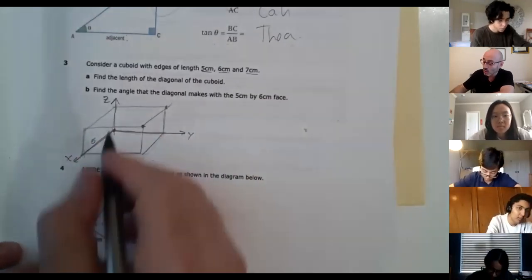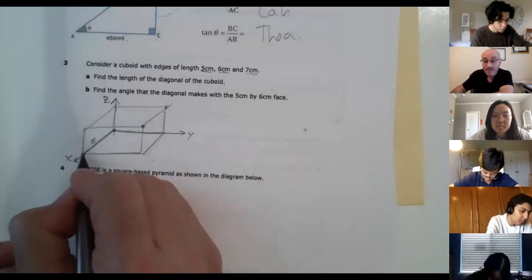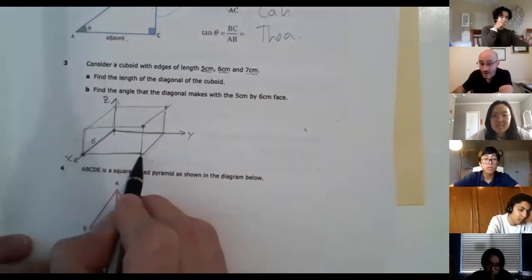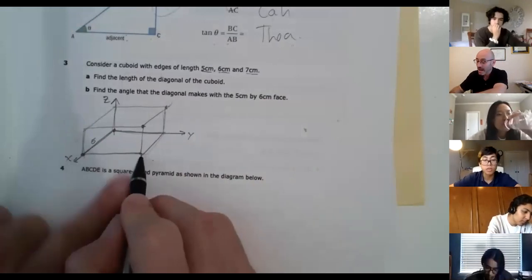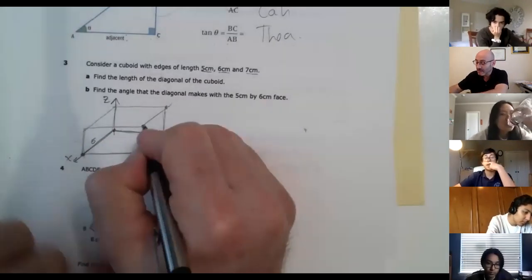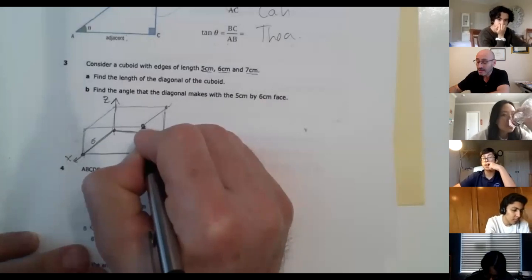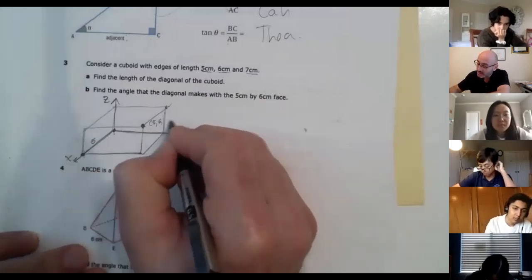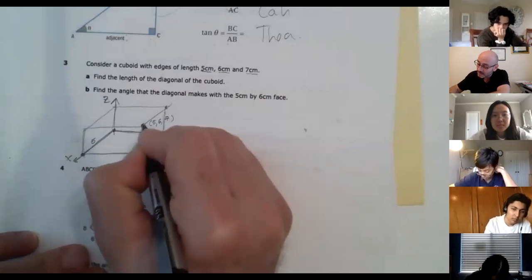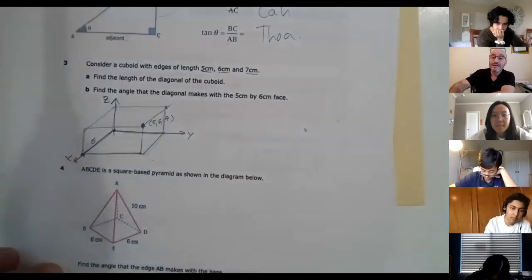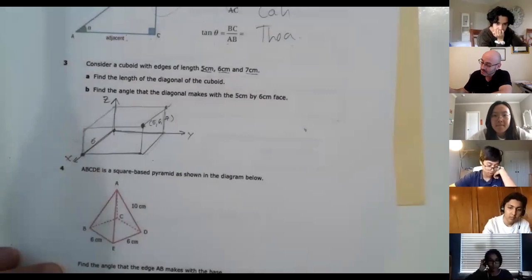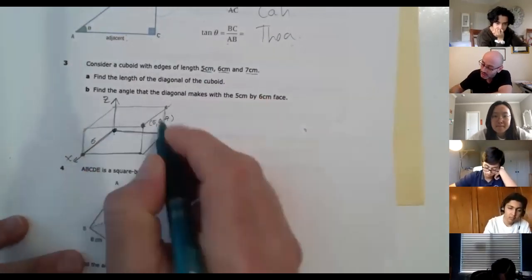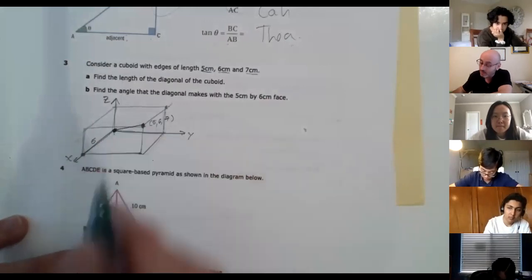We go from the origin to there, that's 5. Then we go 6, so we're right here at this point. And then we go up 7. So that point has coordinates 5, 6, and 7.